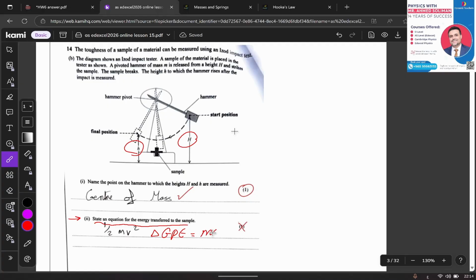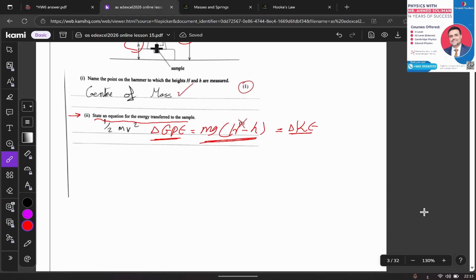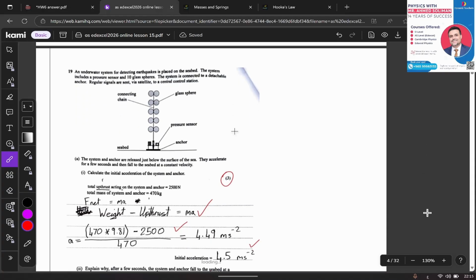It will be mg times h minus h. You can add equal change in kinetic energy, but it's important to write mg times h minus h, because the change in gravitational potential energy is converted to kinetic energy. And he said state an equation for the energy transferred to the sample. Okay, now let's move to the next.